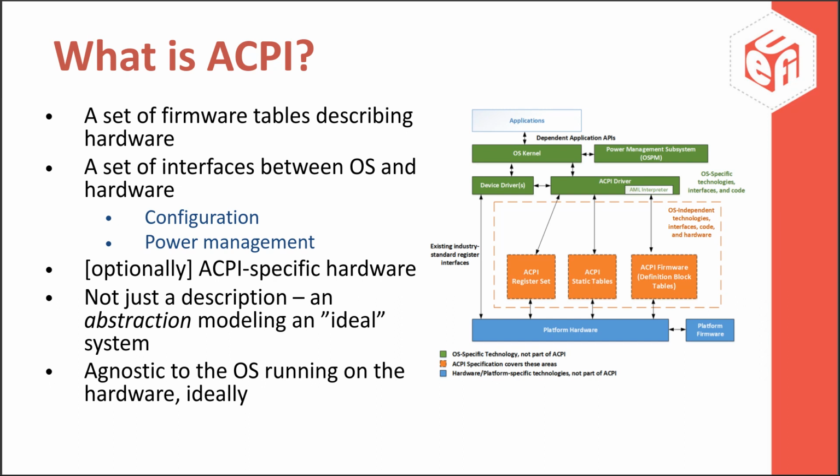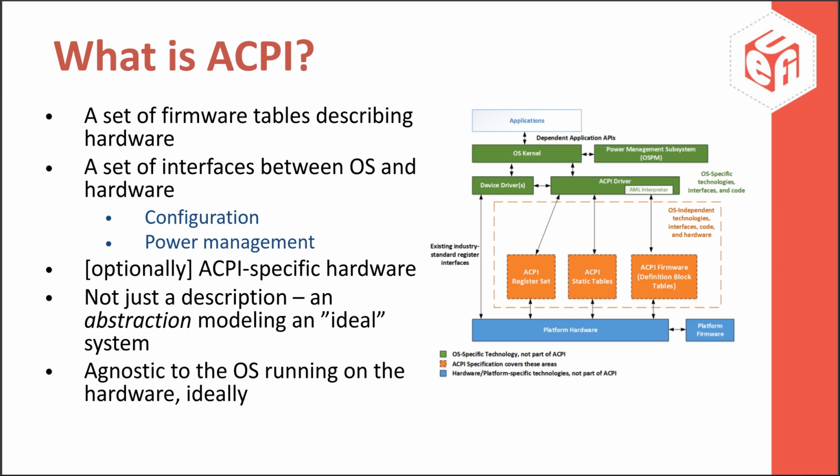Now, traditionally, ACPI has relied on ACPI-specific hardware, although that has changed as ACPI evolved to support non-x86-based systems. But one thing to take away is it's not really just a physical description. In many ways, it is an abstraction modeling originally what was a typical or ideal x86 system.